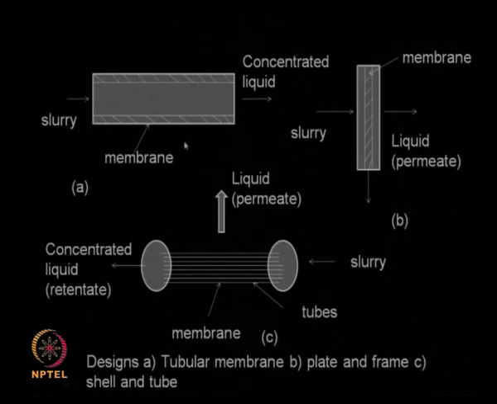The third design is like a shell and tube. So you have many tubes of membranes, so your liquid may be flowing here and they get distributed along the tubes, and on the other side you may have a concentrated liquid flow here, and your solvent or water may be flowing out of the solution.